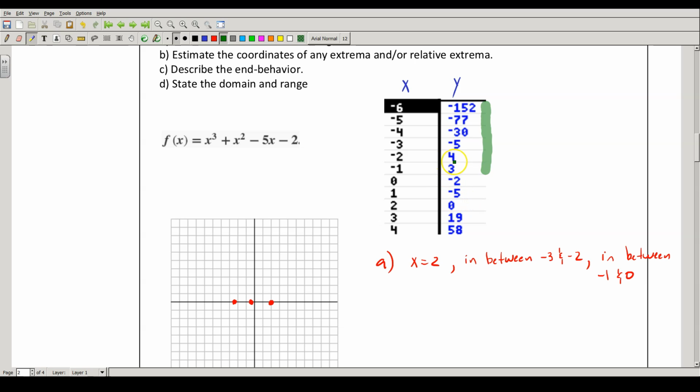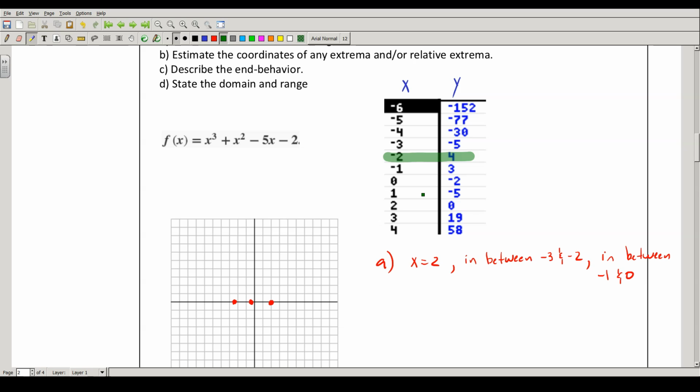It goes back down to 3. So you should be able to look at this and say, right here, there's some sort of critical value there. It looks like that's going to be a maximum value, a relative maximum value, because we have 4 there, and if you look above or below it, the numbers are smaller than it.